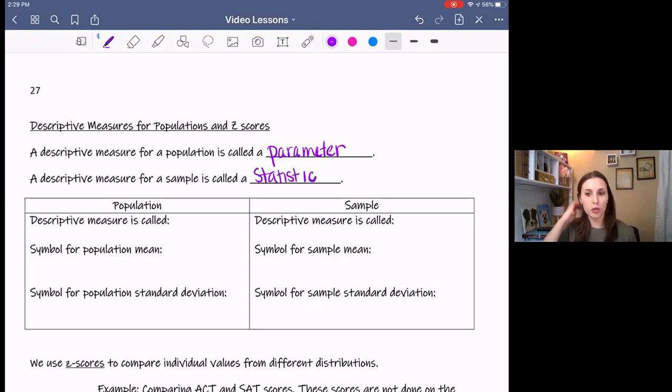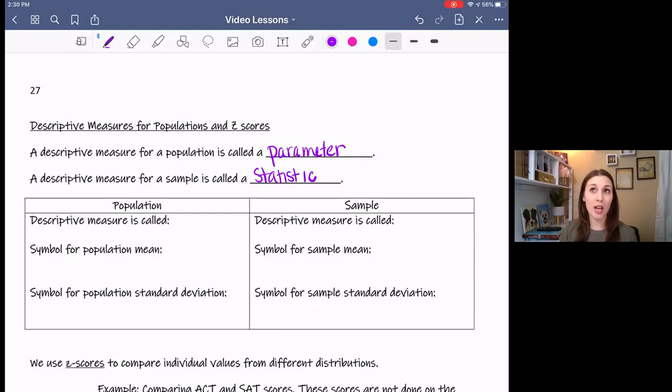So these words are referring to a value or a number that describes a population, in the case that it's a parameter, and a sample in the case that it's a statistic. So a parameter can be mean, median, mode, standard deviation for the population. And a statistic can be mean, median, mode, standard deviation for a sample.